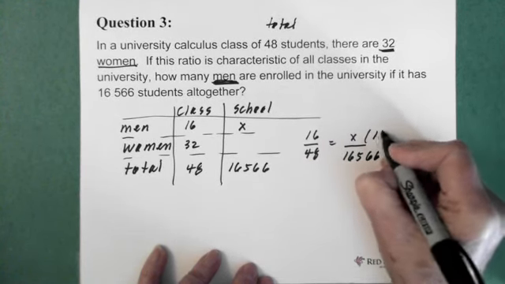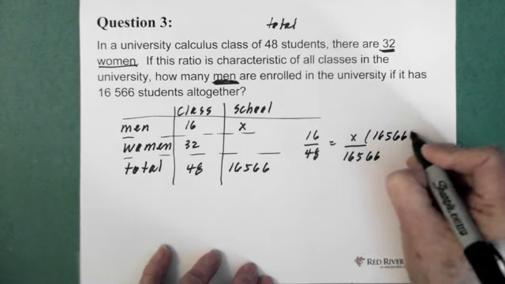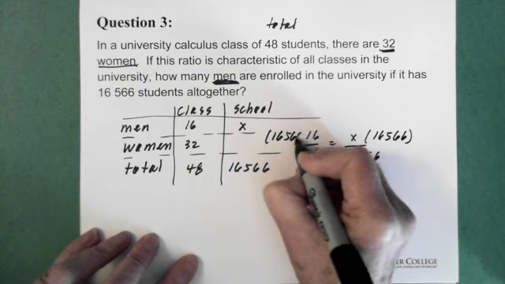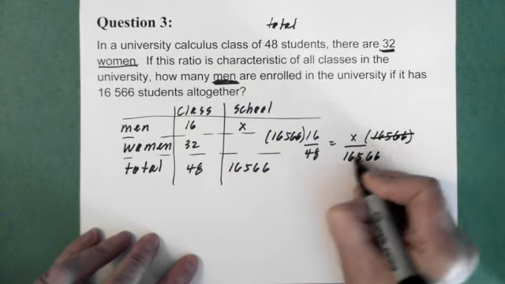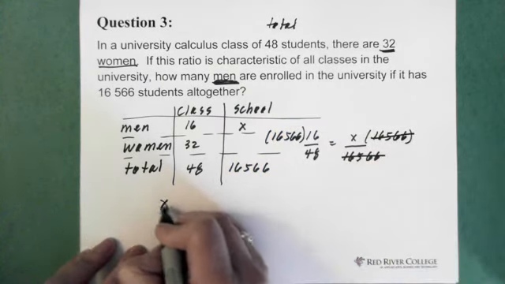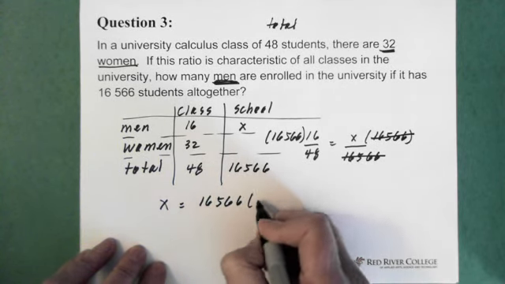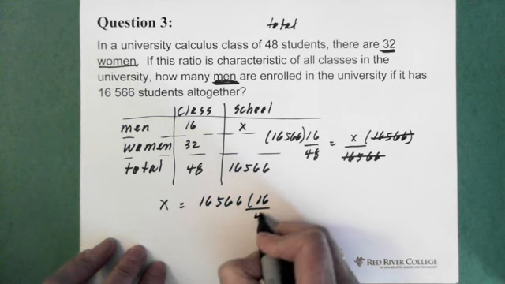Multiply both sides by 16,566. This is gone, and we're left with X equals 16,566 times 16 divided by 48.